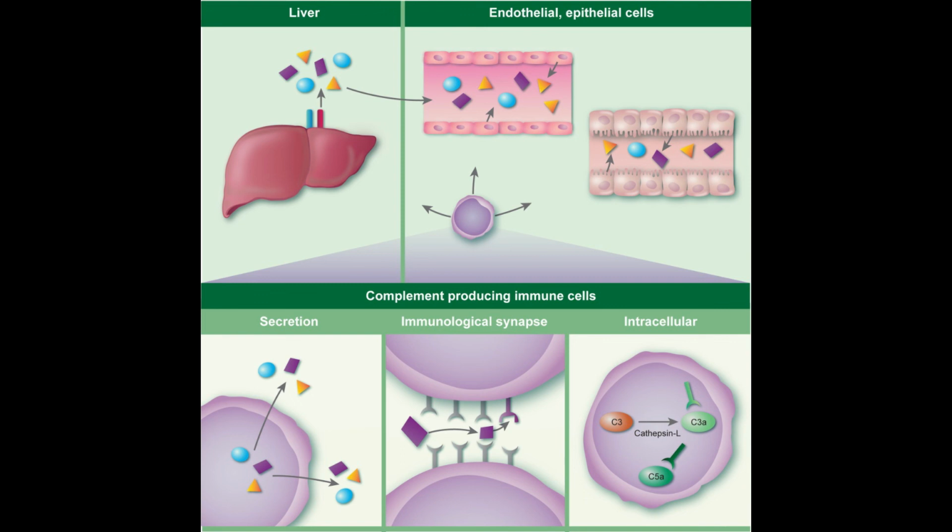C1q has a molecular weight of 410,000 and is composed of 6 strands that form 6 globular heads with a collagen-like tail portion. This structure has been likened to a bouquet with 6 blossoms extending outward. Each of the 6 stalks is composed of 3 homologous polypeptide chains, A, B, and C, that form a triple helix.